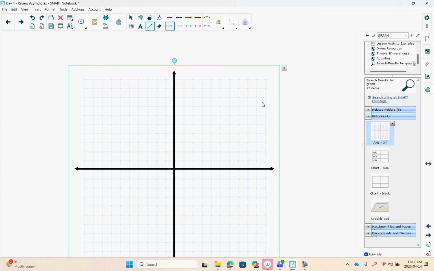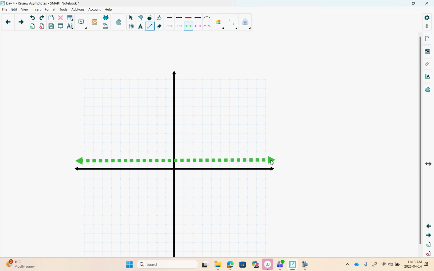Where was the horizontal asymptote? You told me it was at y equals what? 1. There's the horizontal asymptote. Where was the vertical asymptote? -2. So there's the vertical asymptote.